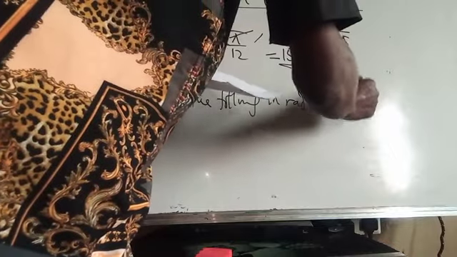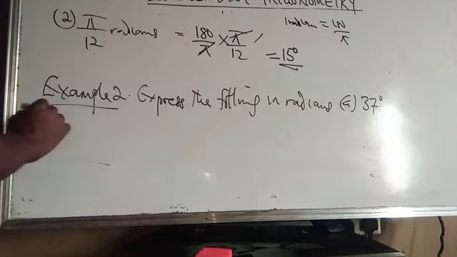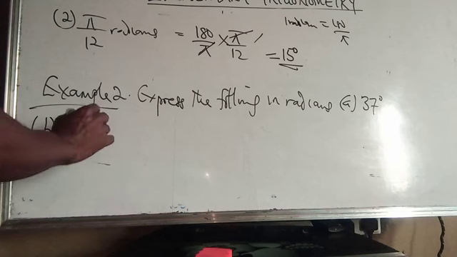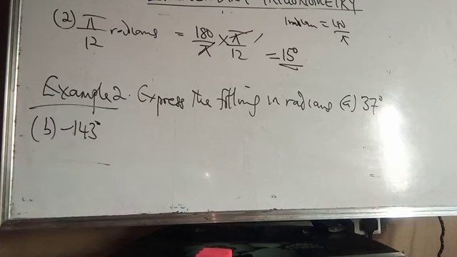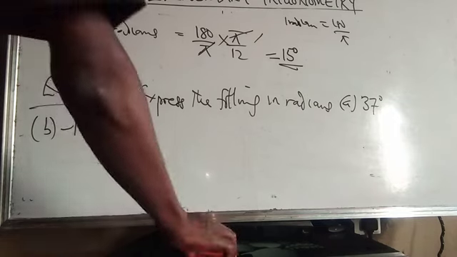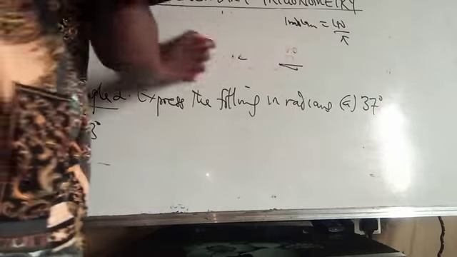We have 1A, that's 37 degree, and 2B, the second one, that is minus 143 degree. Now, how do we express this in radian? Let's write the solution.